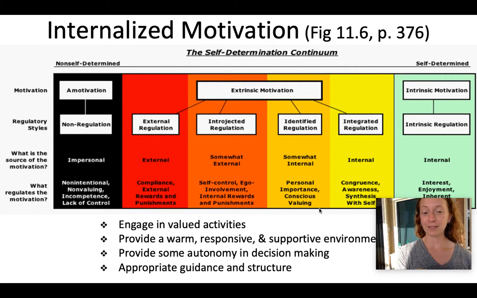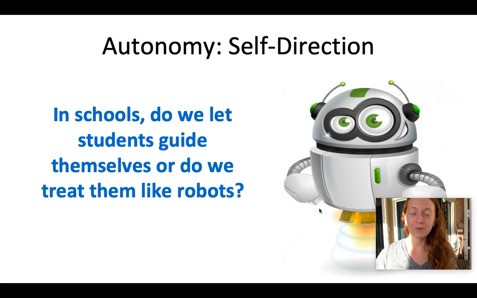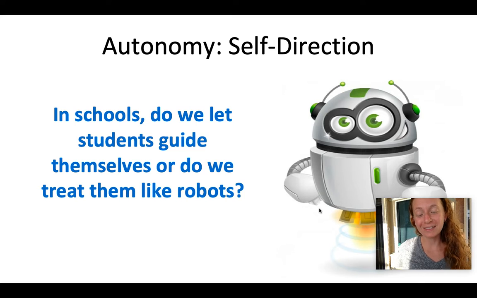And so these are really easy to say, and they look pretty and nice, but it gets complicated in the classroom. And so for the most part, we really have to ask ourselves, and this goes into that testing concept I was talking about earlier, do we let students guide themselves, or are they these robots?